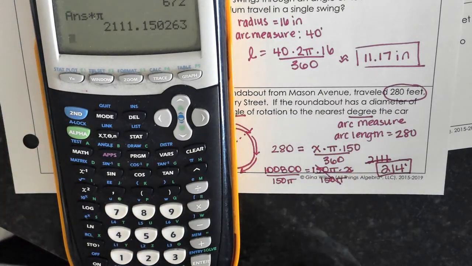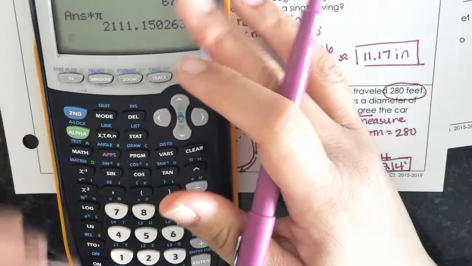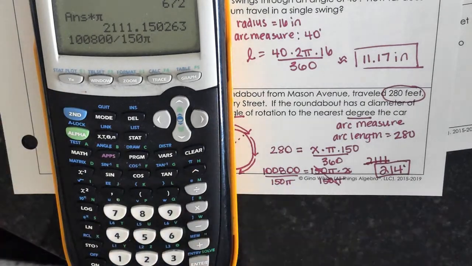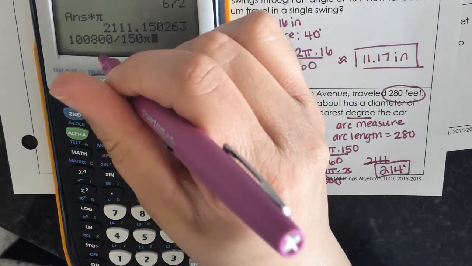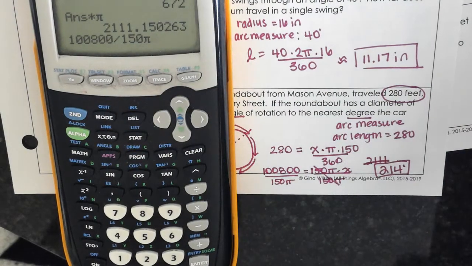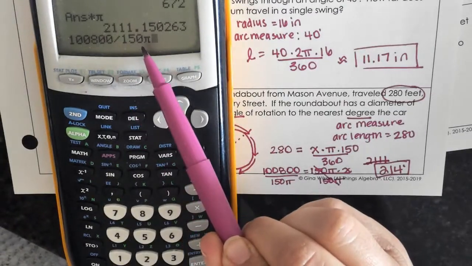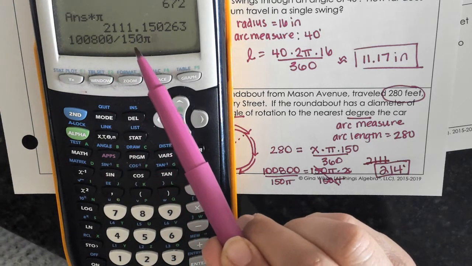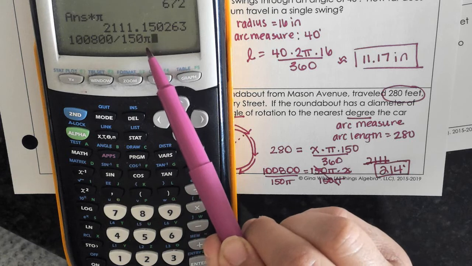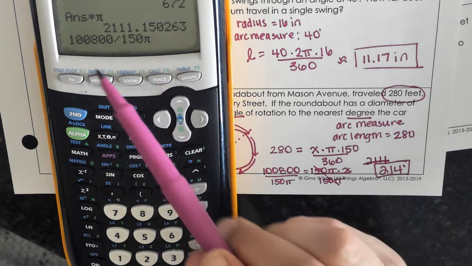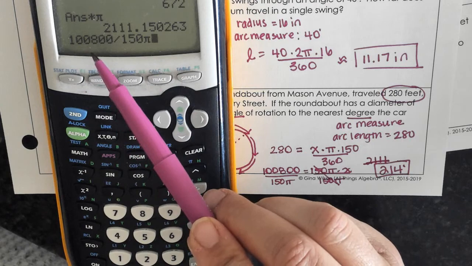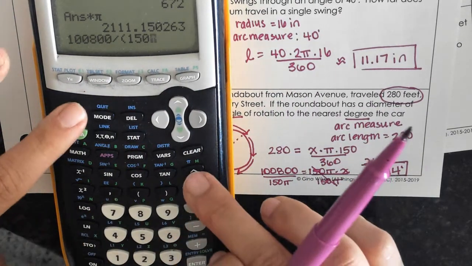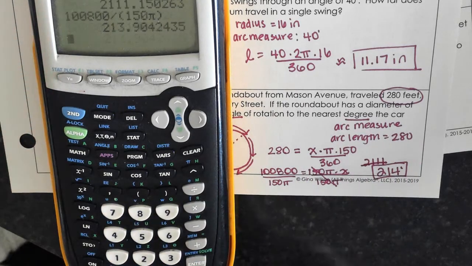Your calculator is actually going to work from left to right with order of operations because you have division here and multiplication. So your calculator ends up dividing first and then multiplying your answer by pi. But you don't want that. You want the 100,800 to be divided by all of 150 pi, not just 150. So you have to use parentheses or you will get the wrong answer.